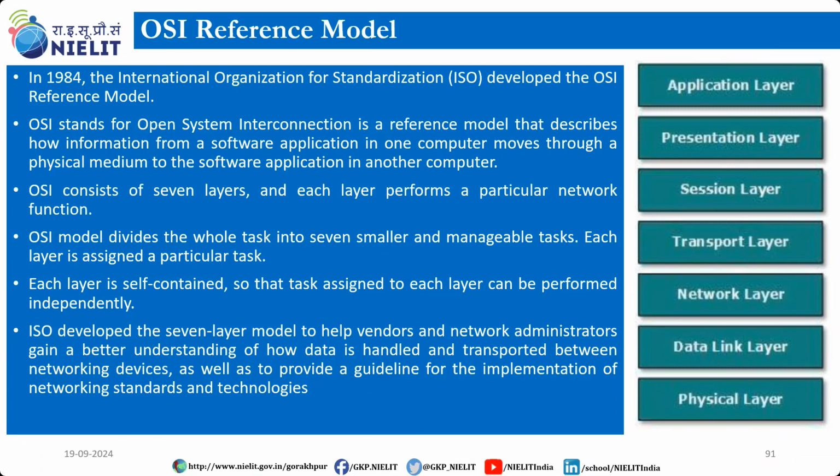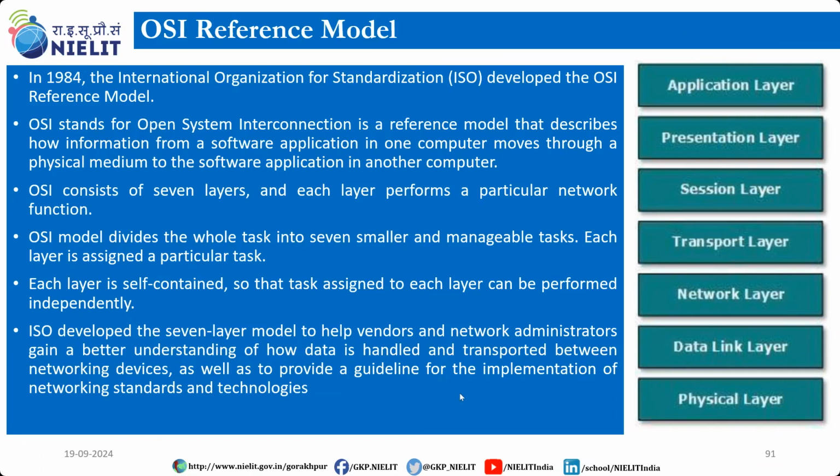ISO developed the 7-layer model to help vendors, network administrators, software developers, system programmers, OEM manufacturers or operating system developers gain a better understanding of how data is handled and transported between two networking devices, between PC and router, and how router to router is communicating. So every communication was simplified in the form of 7 layers.